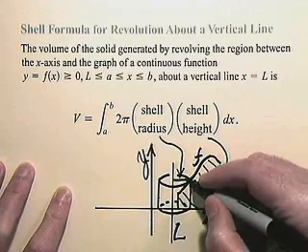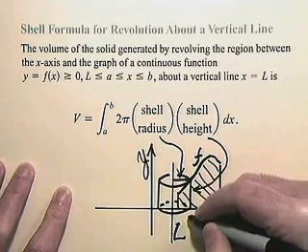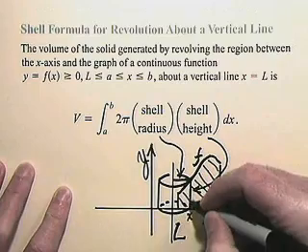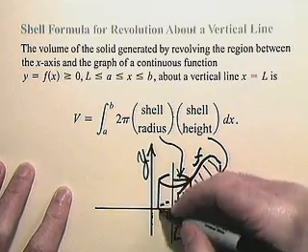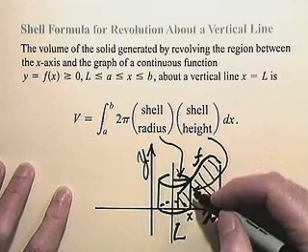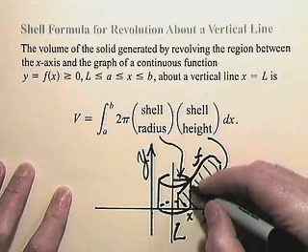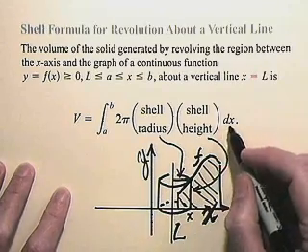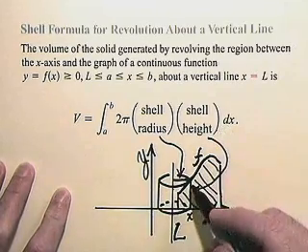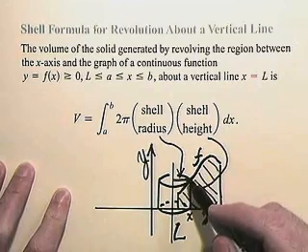In particular, if I take a vertical line at a specific value of x here, that vertical line under the revolution sweeps out a little cylinder. We think of it as a cylindrical shell if we think of it as having a certain very small thickness dx. And so what would be the volume of this little thin shell?